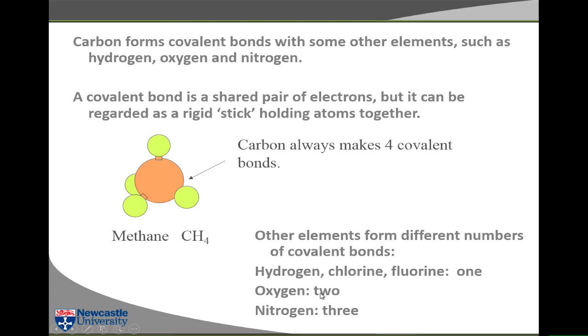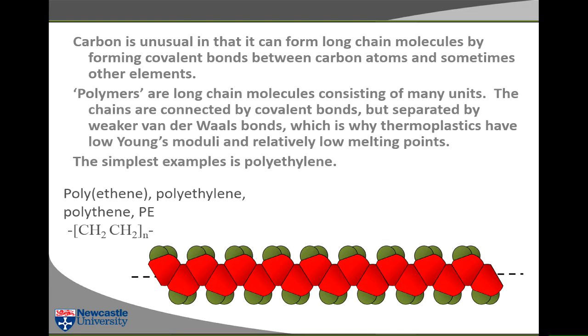Oxygen forms two bonds, so oxygen wants to link to two things, and nitrogen actually wants to link to three things. So the oxygen that floats around in the air, O2, is actually two oxygen atoms joined by a double covalent bond. And the nitrogen that floats around in the air is two nitrogen atoms actually joined by three bonds, because nitrogen has three. So we'll see these examples in just a second.